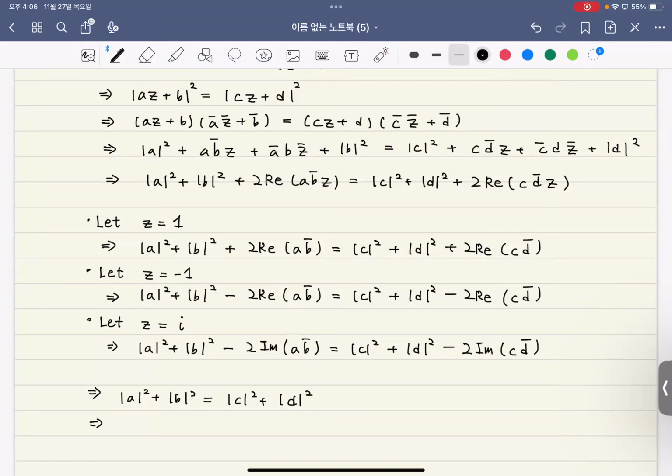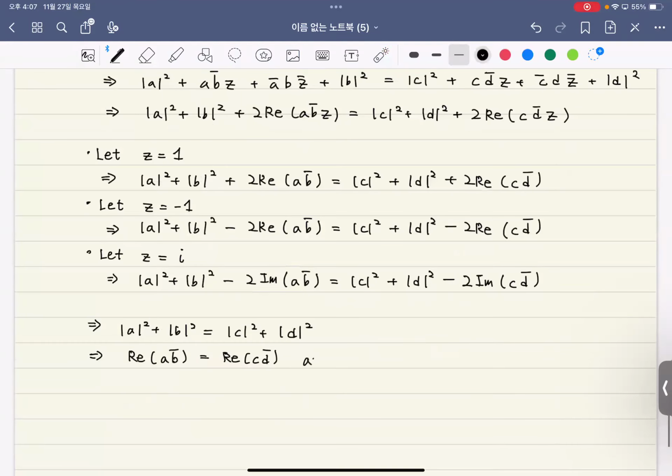So we can also say that the real part of A B bar is the real part of C D bar. And I get the same relation from the last equation. So eventually the imaginary parts of these numbers also must be the same.